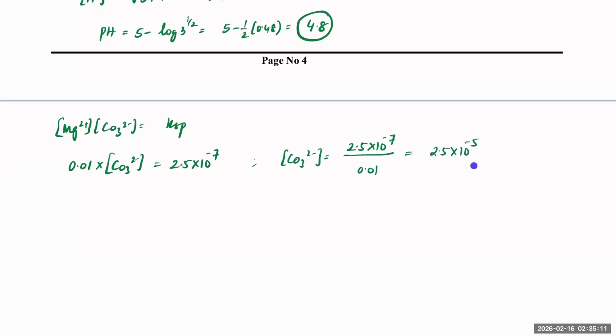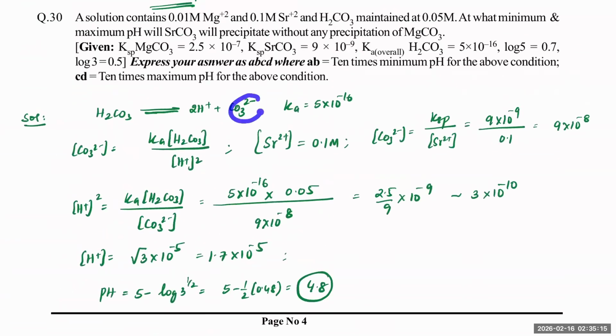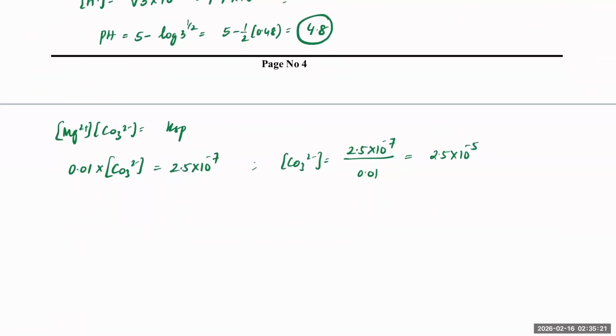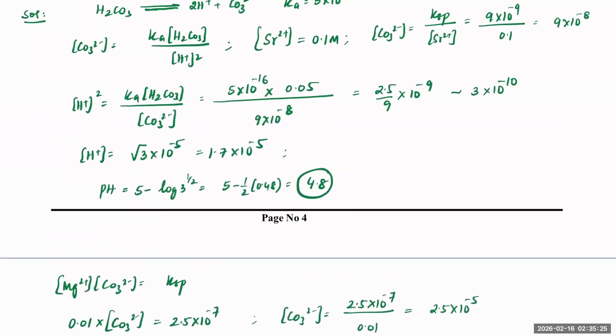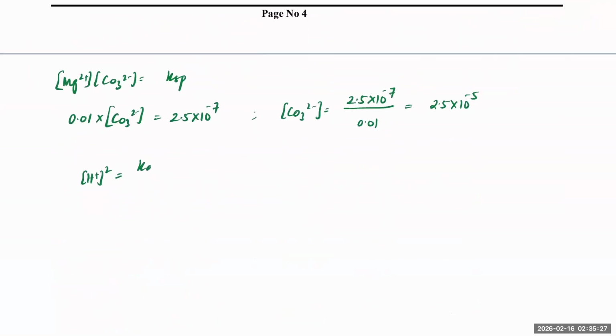When carbonate is of this high concentration, then the H plus amount will be less. Because if this is higher, the reaction will push in the backward direction and H plus concentration will be less. Now let us put back into the same equation. H plus square is equal to Ka multiplied by H2CO3 concentration divided by CO3 2 minus concentration.